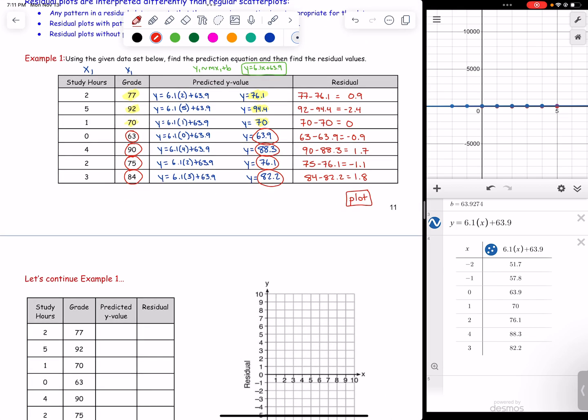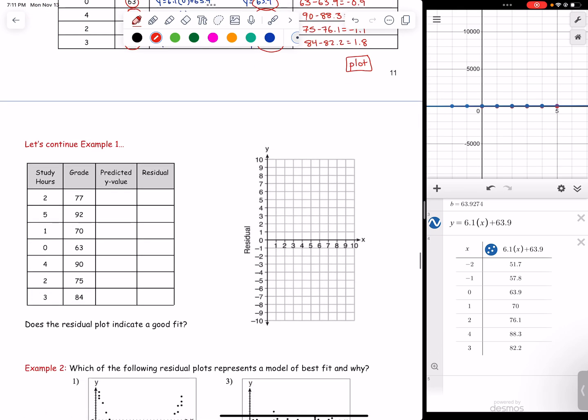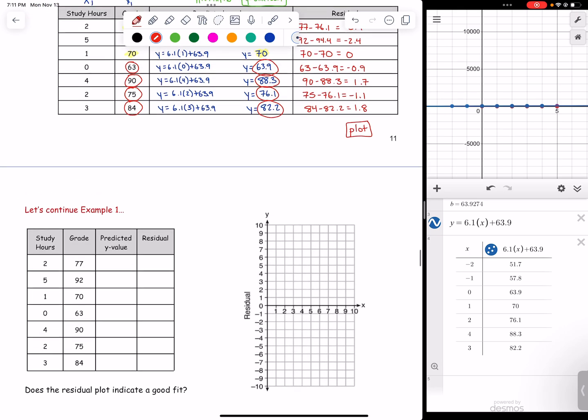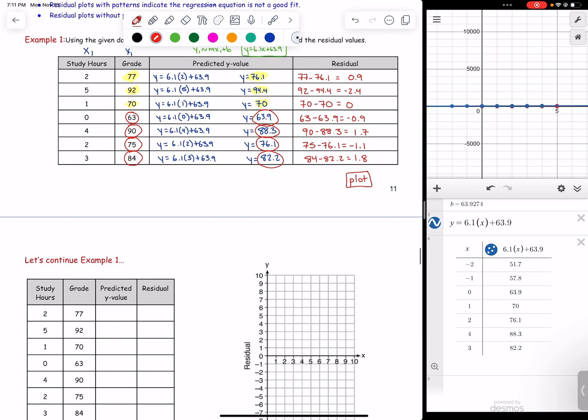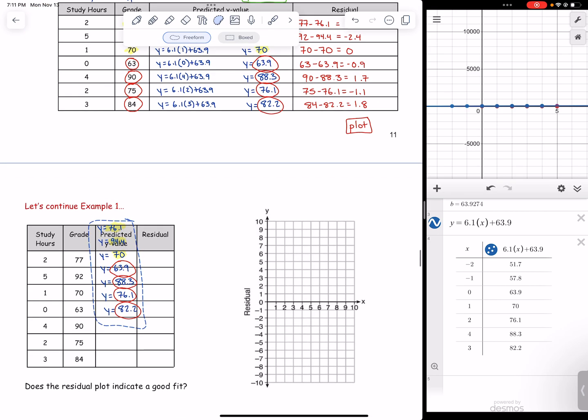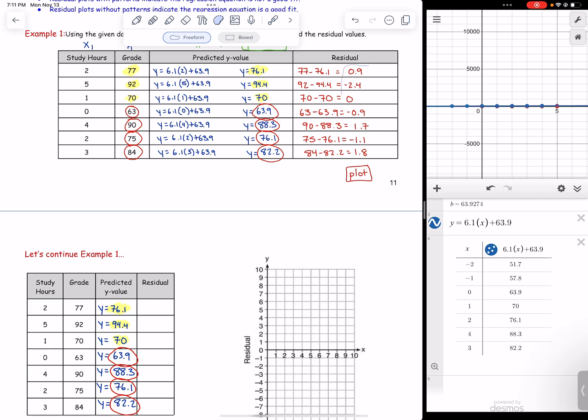We found all of our residual values after we found all the predicted values, after we had found the prediction equation. So we have done lots of good work so far. So let's continue example 1. We have the same data, so we're not having to type that in again. We got the predicted values that we can copy over. So let's just copy and paste those down here. And we have our residual values.